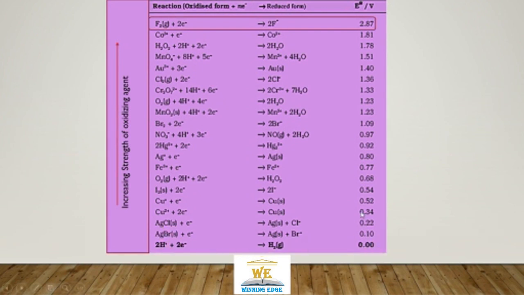Those having a standard electrode potential higher than hydrogen are placed above it, and those having a lower standard electrode potential than hydrogen are placed at the bottom of the table.